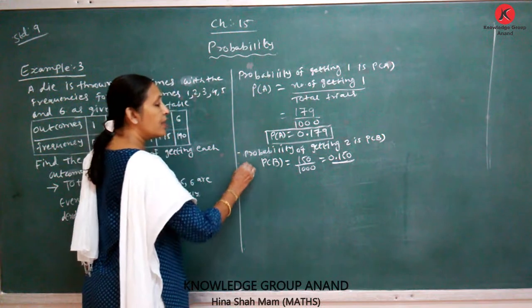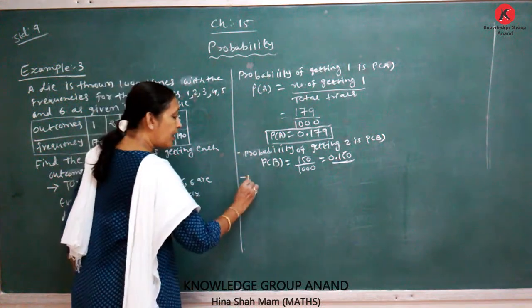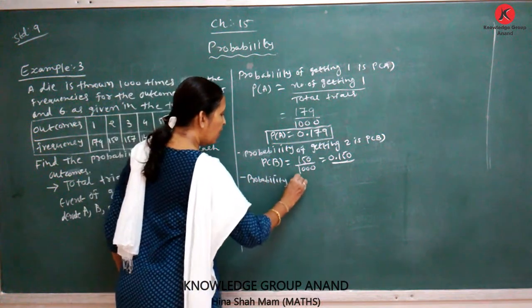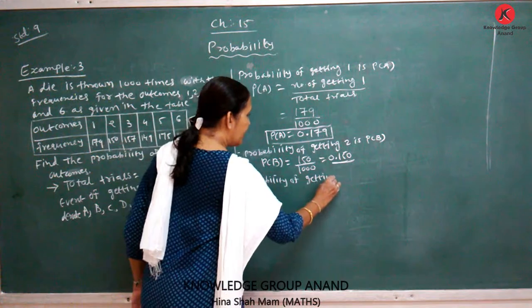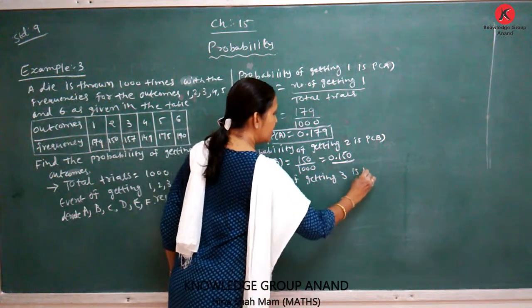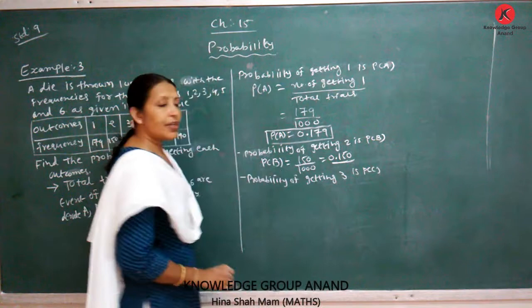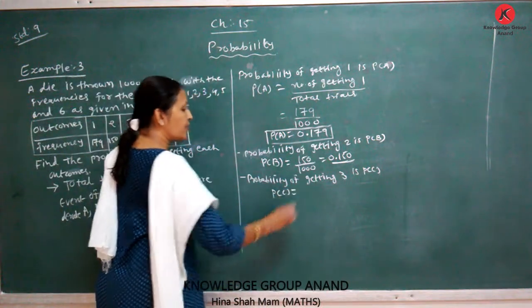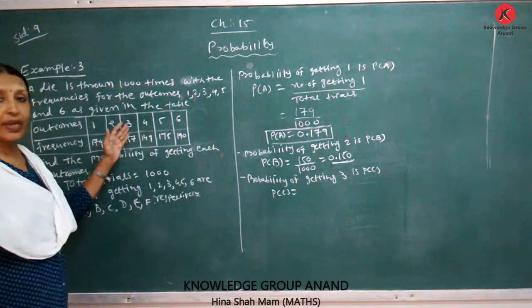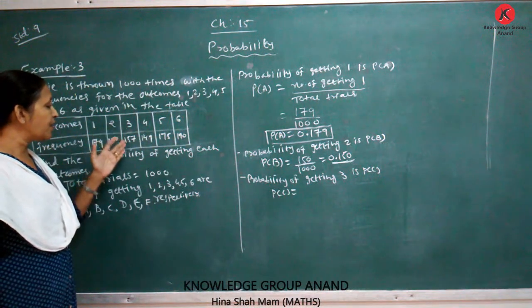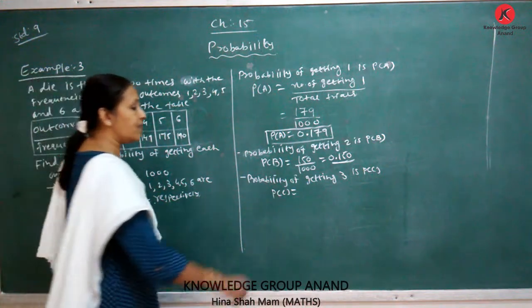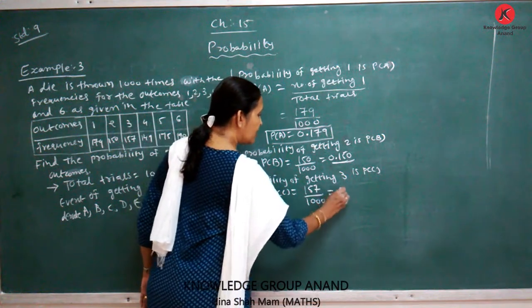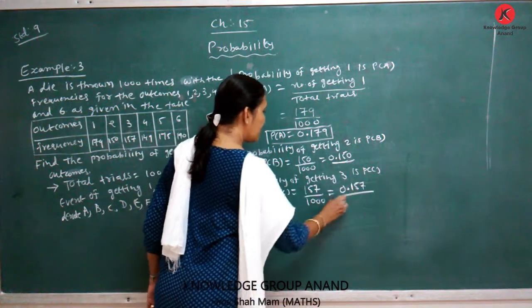You write by yourself the probability of getting 3. Here I write the probability of getting 3 is P(C). Then P(C) is equal to the frequency of number 3, which is 157, upon 1000, which is equal to 0.157.